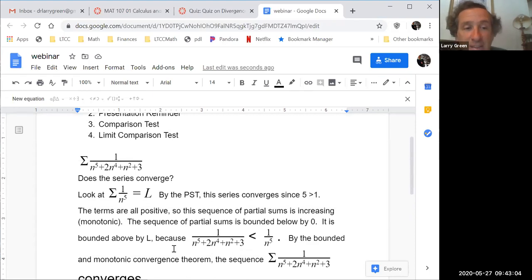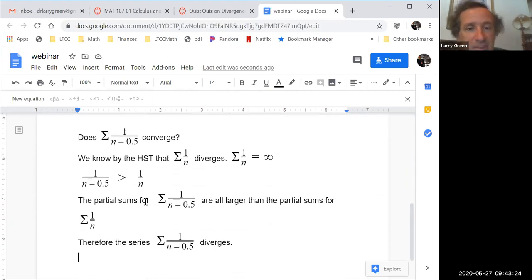The first case is that if you have a series where the terms are always smaller than a recognizable series that converges, then you must converge, as long as the terms are positive.